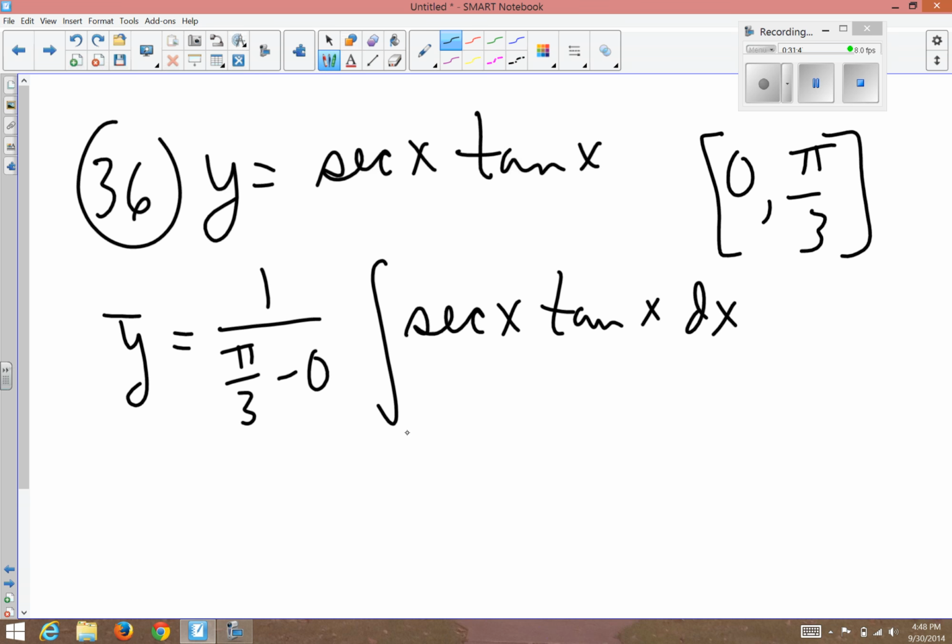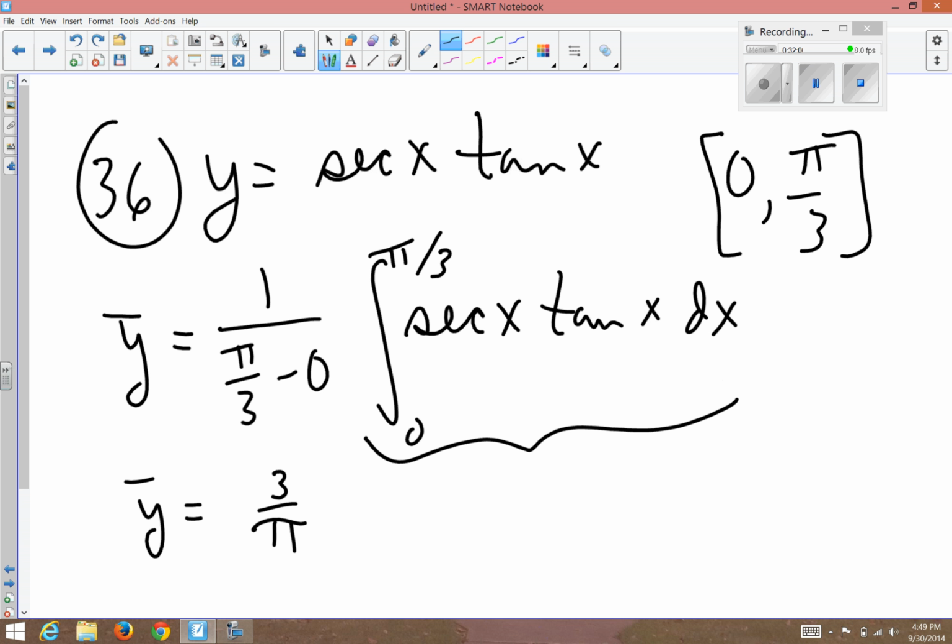Don't forget the dx, from 0 to pi over 3, or in general from a to b. 1 over pi over 3 is the same as 3 over pi. And this integral is fourth one from the bottom. I think it's the 9th one from the top.